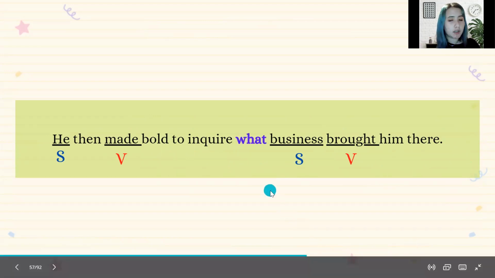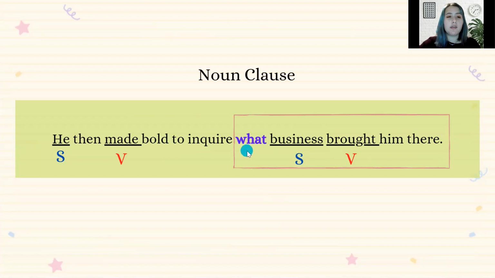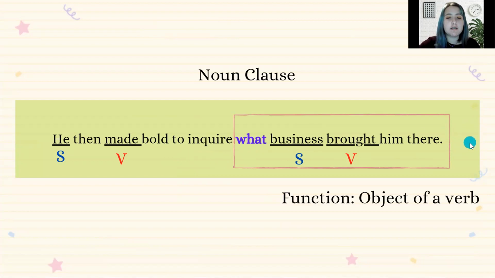This is a subordinate conjunction. So we know that this is a noun clause. We can also ask the question to inquire what. To inquire what business brought him there. So it's not modifying any noun, it's acting as one itself. And the function is of an object of a verb.